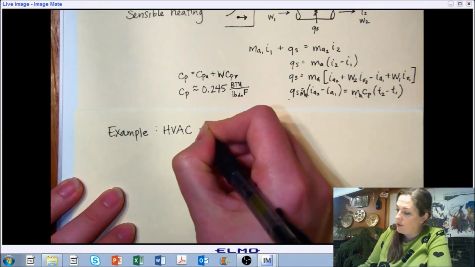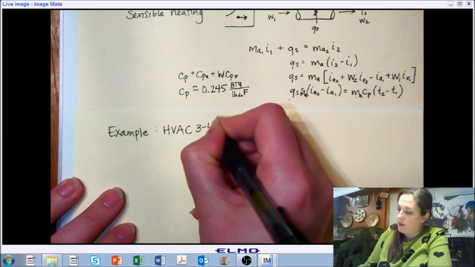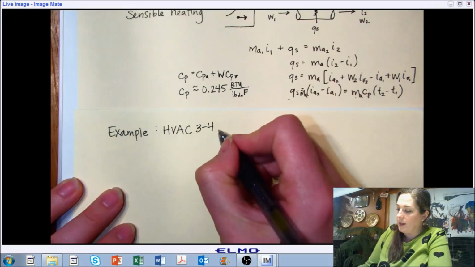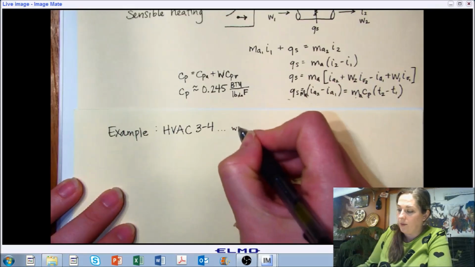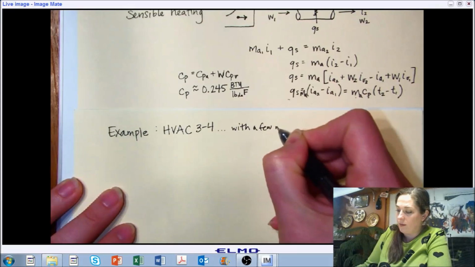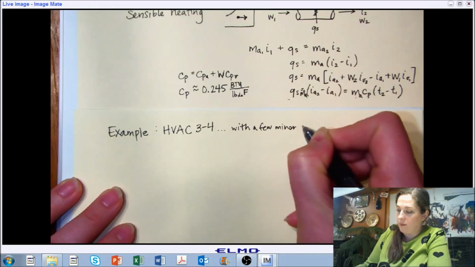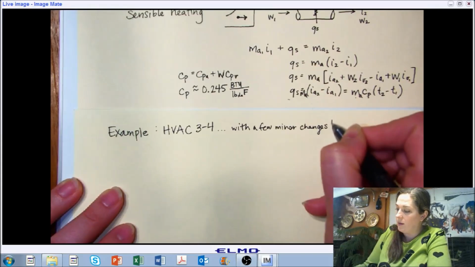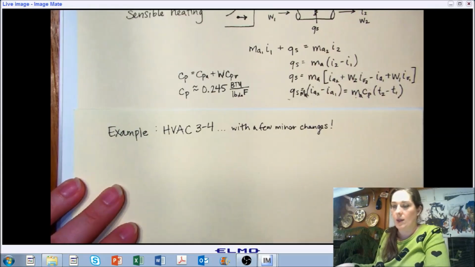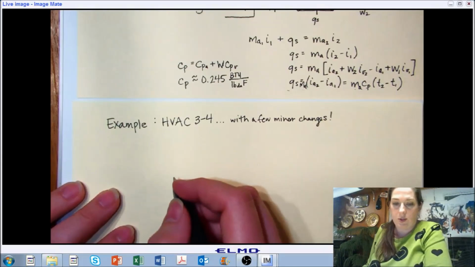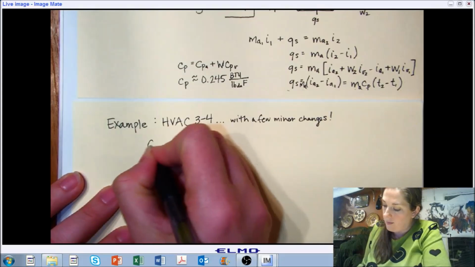So this is your HVAC 3.4. And I've made a few minor changes on this one. Just make a note. In general, when I present the examples from the book, they'll be straight from the book, and I'll add a few details in between, but on this one I've made just a few slight changes.